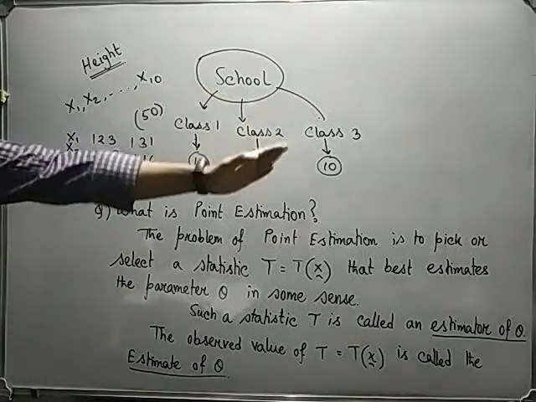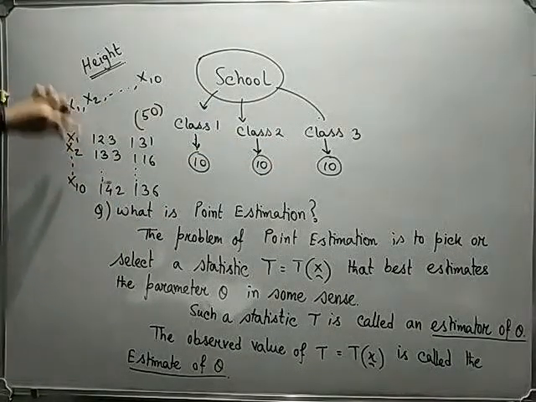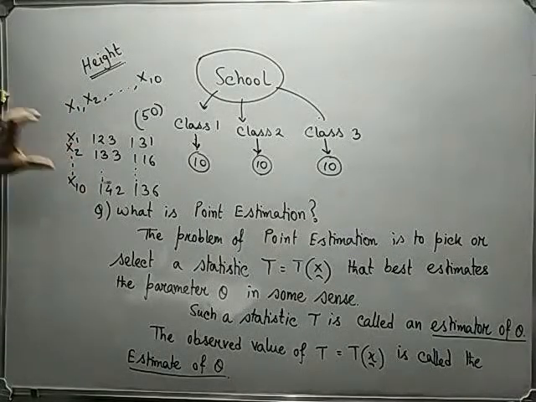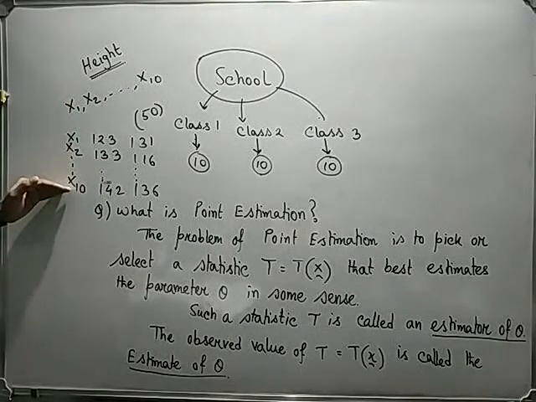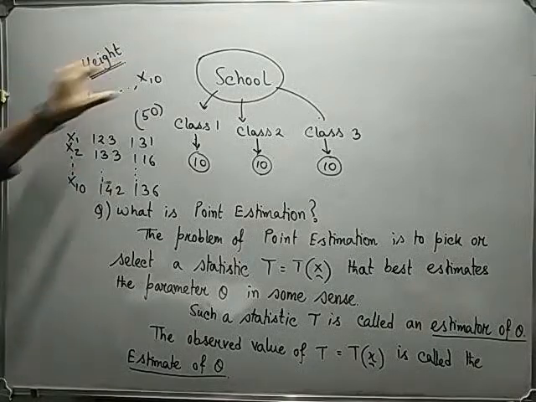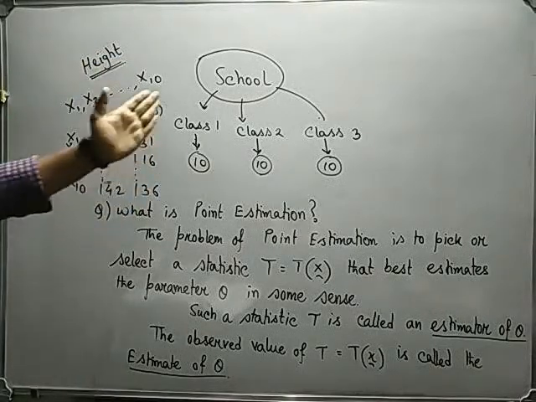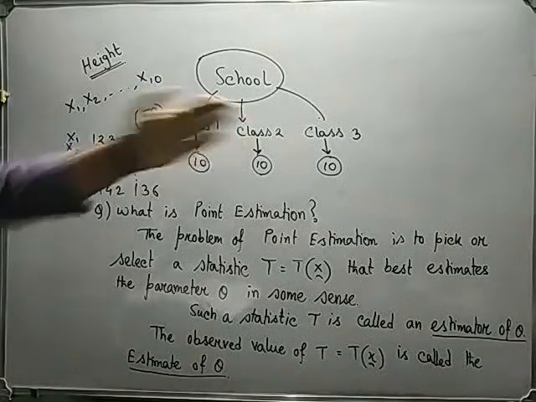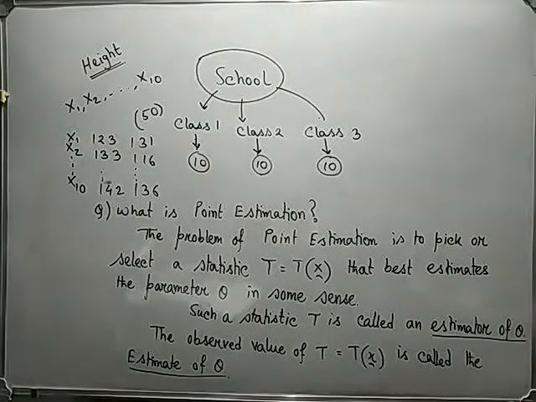Class 3 also. So x1, x2, xn are basically the heights of 10 individuals, and this is a random sample. Why is it random? Because it can take randomly different values for different classes. Okay, Akash?